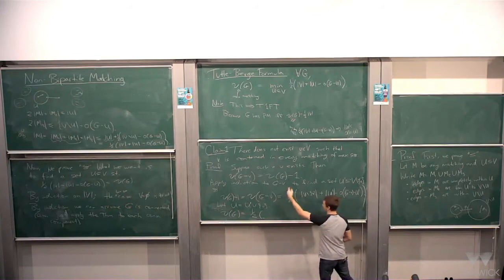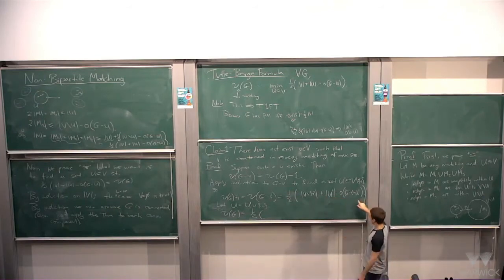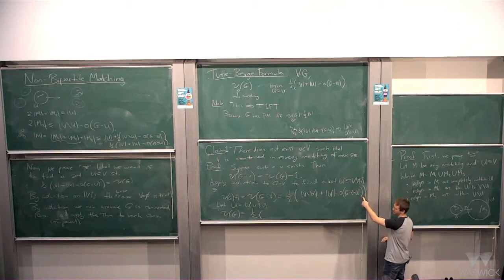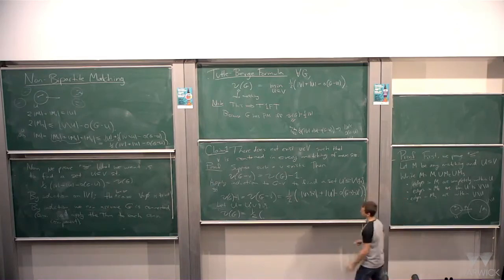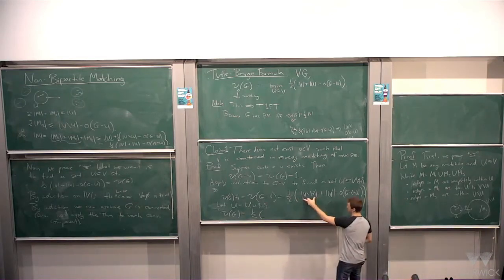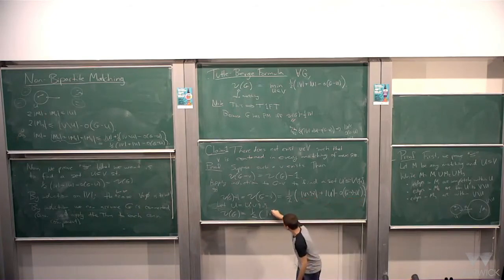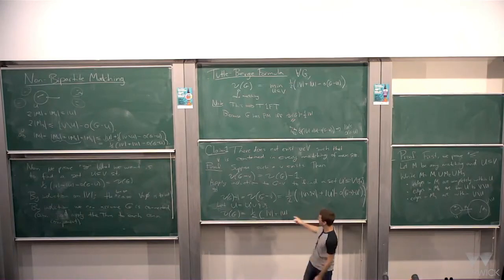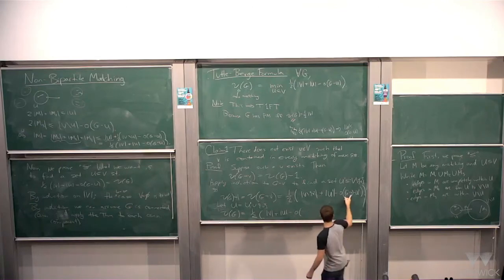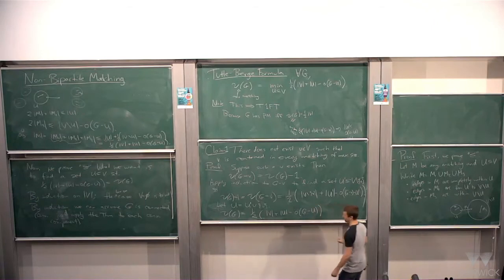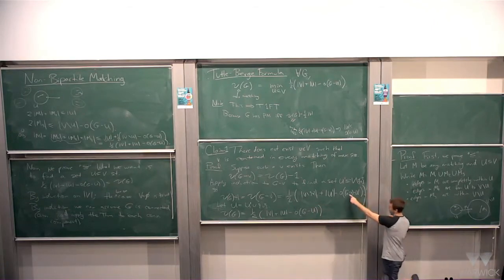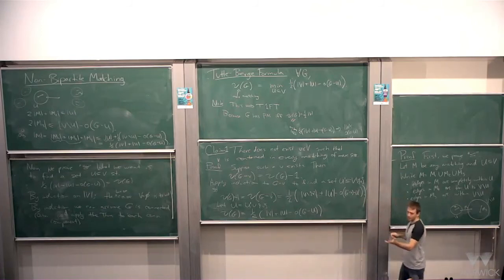Remember there's a 1/2 sitting here, so it's like a 1 outside and a 2 inside the bracket. That 2 I'm going to use to increase this by 1, which is the size of V, and to increase this by 1, which is the size of U, because U is U prime union one more element. And this can be written as the number of odd components in G minus U, because I deleted the vertex v and then U prime, but you could just do that in one go and delete U. It's the same thing.